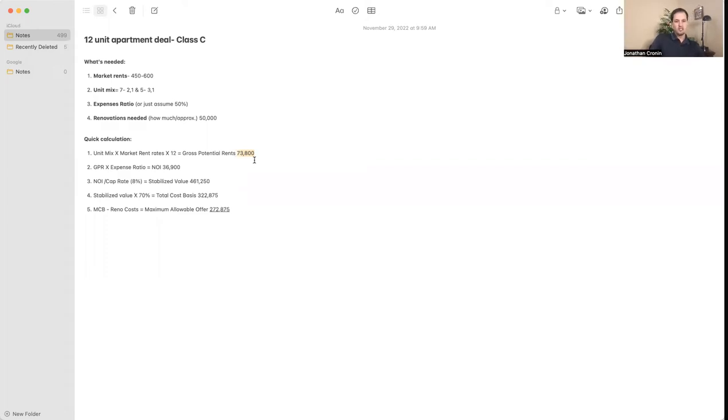So for $322,875 being the total cost basis, you minus your reno cost, and your reno cost is, again, speculative. Before putting in a letter of intent, especially if it's a big deal, not necessarily these deals, I don't need to go see the property to put a letter of intent out, because your LOI is not necessarily a contract.